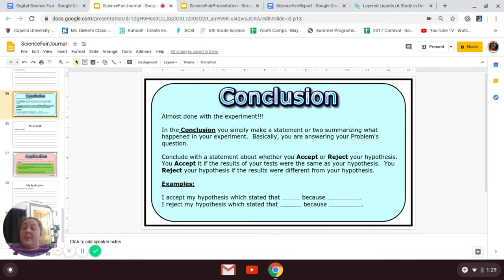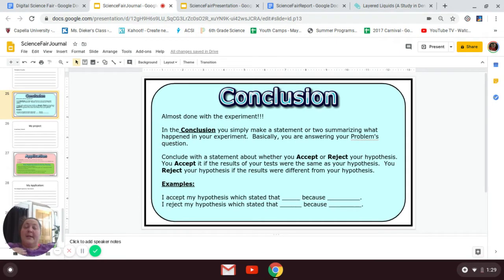And then maybe you continue to say, I also found that the strawberry molded faster than the banana and the apple. All right. So you're just saying, I accept it, I reject it, what your original thought was, and why it's true or not.